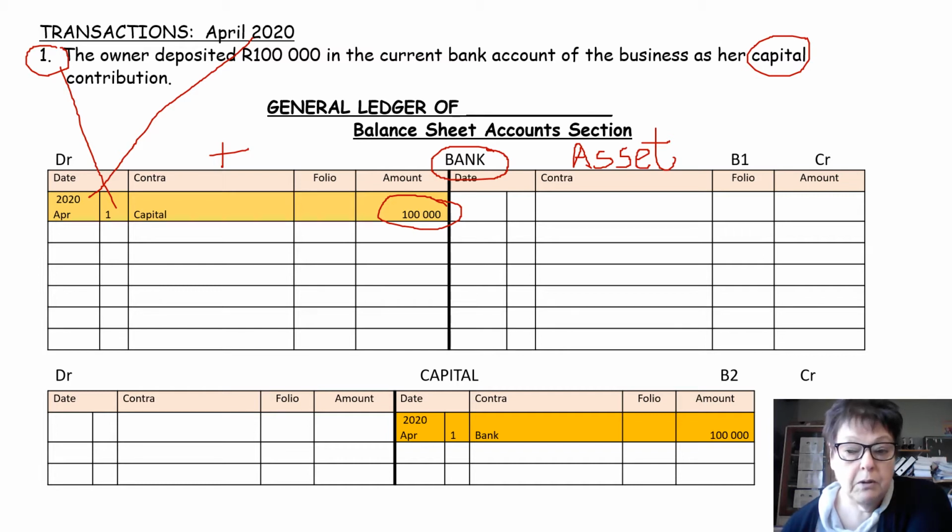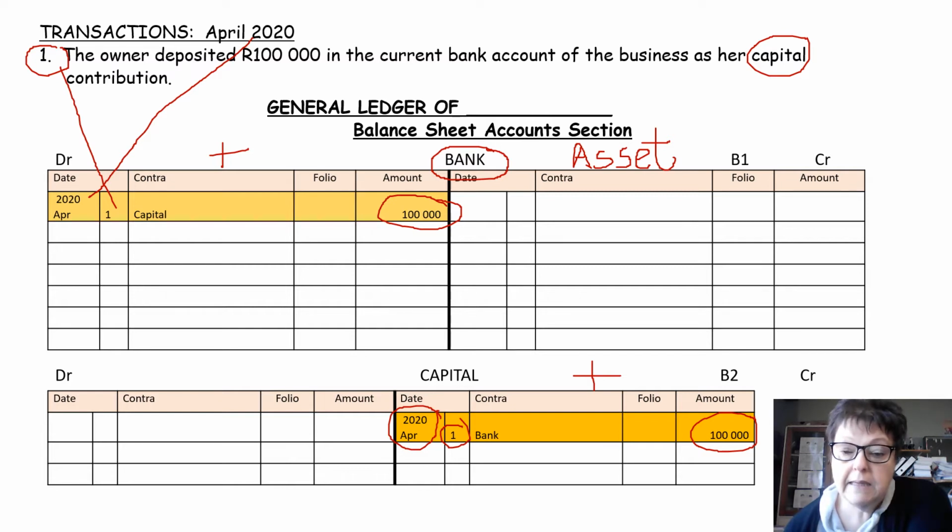Capital is also a balance sheet account, remember. We said that capital will increase on the credit side. Capital is the owner's share in the business. This owner on the 2020 April the 1st gave 100,000 Rand as her share in the business.